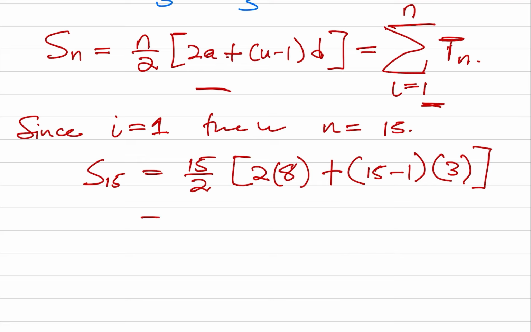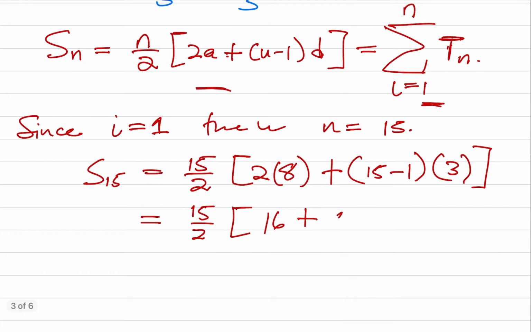Now let us solve this one quickly. 15 over 2 there. 2 times 8 is just 16, plus 15 minus 1 is 14. Then 14 times 3 is 42. So we have 42 here. All right. So now 16 plus 42, I get 58.